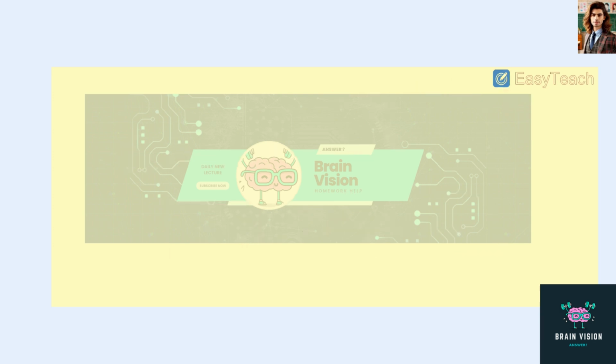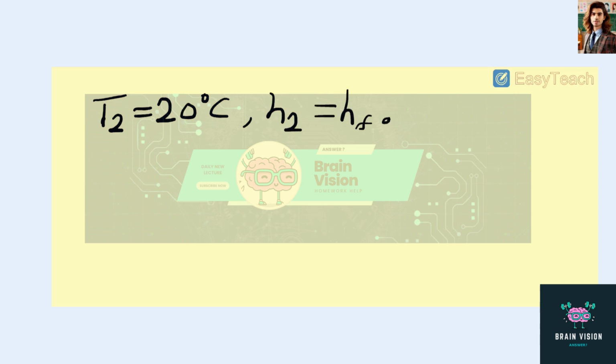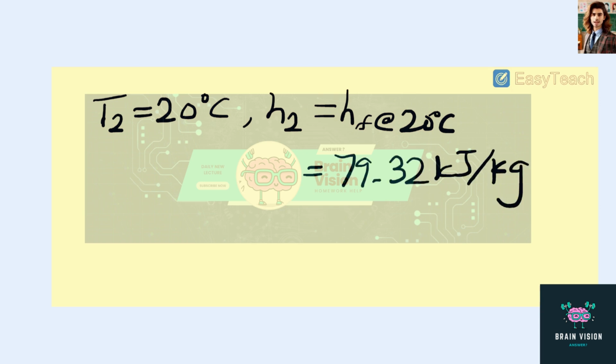Now we're also asked to solve for the heat transfer when our exit temperature is 20 degrees C. In that case, our exit enthalpy is going to be our hf at 20 degrees C, which we looked up in the table, and that was 79.32 kilojoules per kilogram.